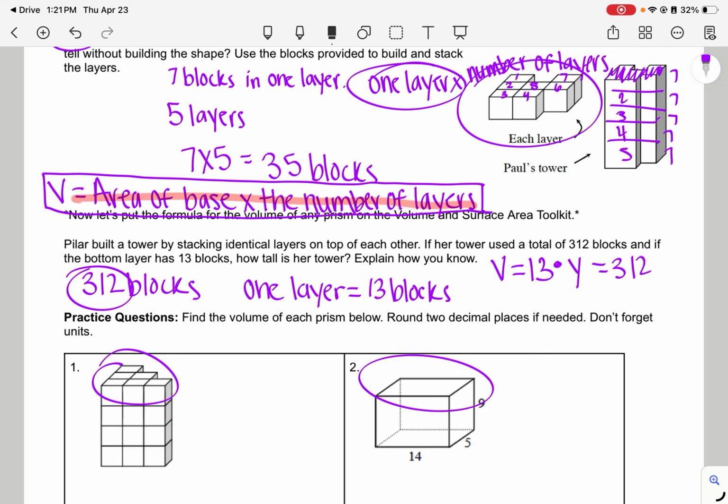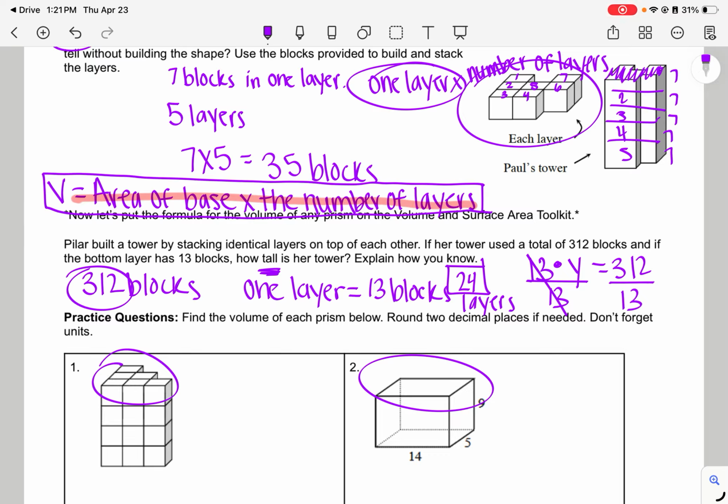I'll divide both sides by 13 to get how many layers. So that is going to be 24 layers, which represents the height of her tower. So 24 is our height, and in this case, it's talking about blocks. So 24 blocks tall.